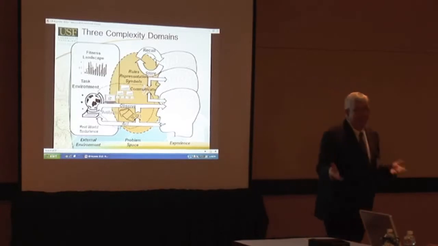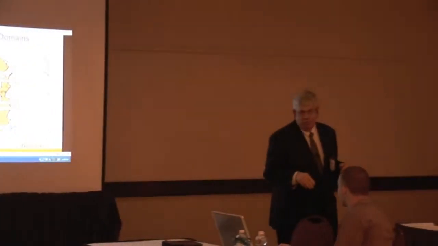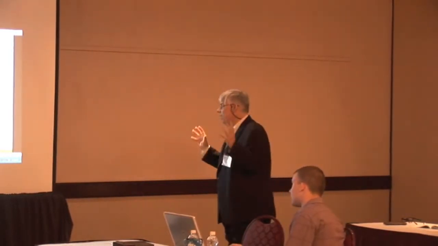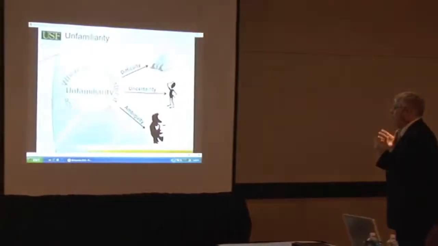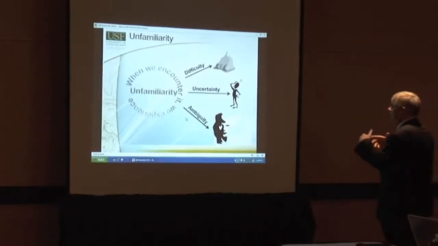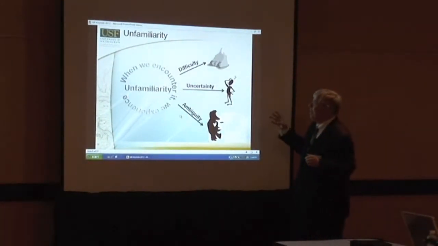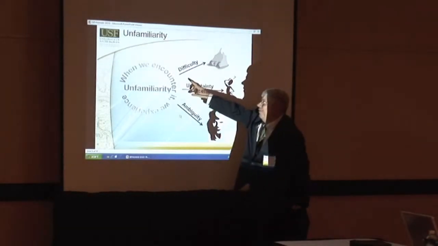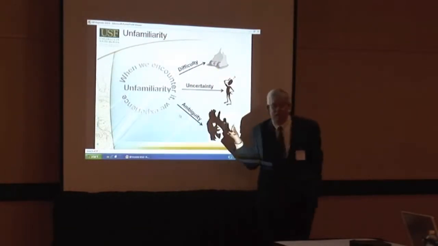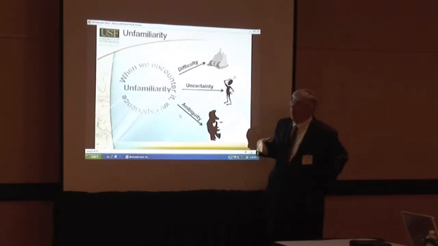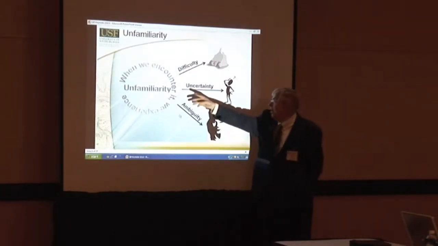So let me just quickly go over some of the characteristics of these different domains. If we think about the domain of experience, when we encounter complexity at the experience level, we experience emotions or feelings such as difficulty. When we find something difficult, we often refer to it as complex.